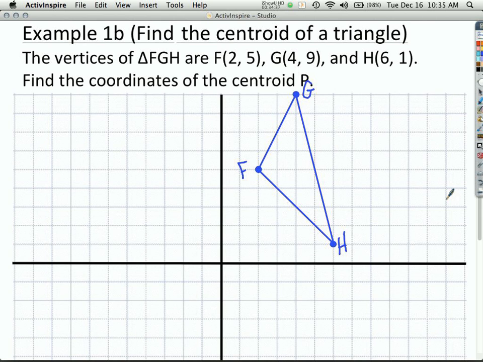Medians rely on midpoints. So we need the midpoints. Here's where I want to pause to model a little bit. We need the midpoint of FG. It's not a guessing game. I think this might be the midpoint because it looks like it's about halfway and it's on the grid, but it's not a guessing game. And here's where mental math and your higher math ability makes your life much easier. How do we find the midpoint of any segment?